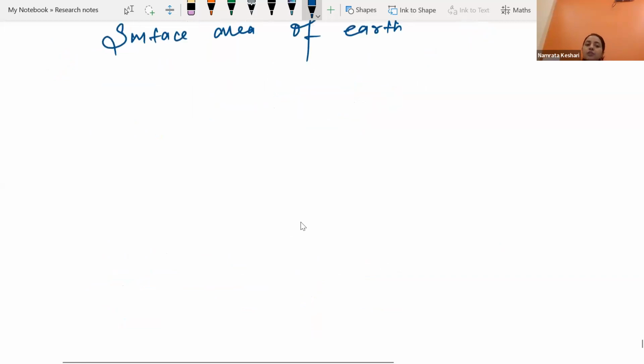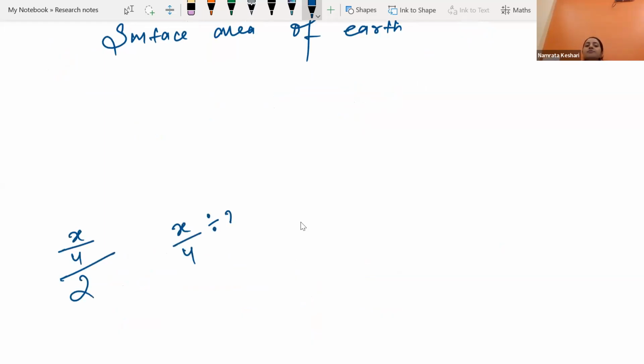When you have x by 4 divided by 2, in the fraction chapter you must have learned that this division can be converted into multiplication by taking the reciprocal of the very next fraction.